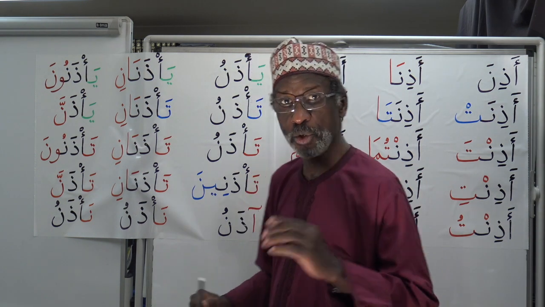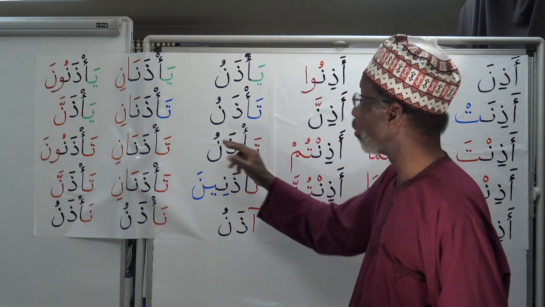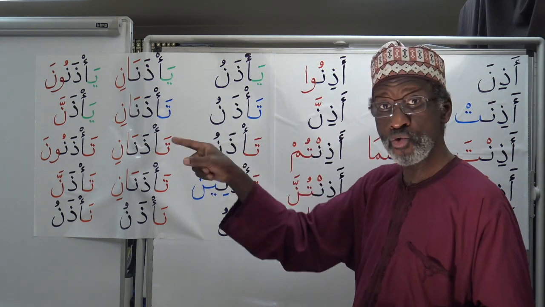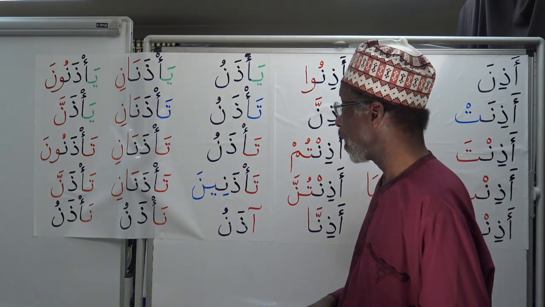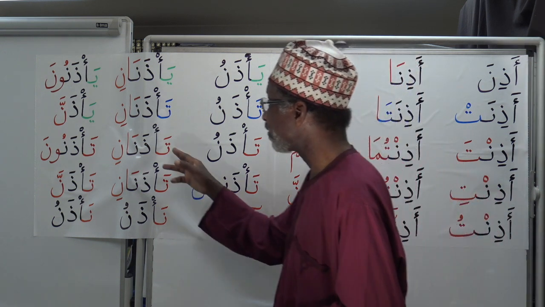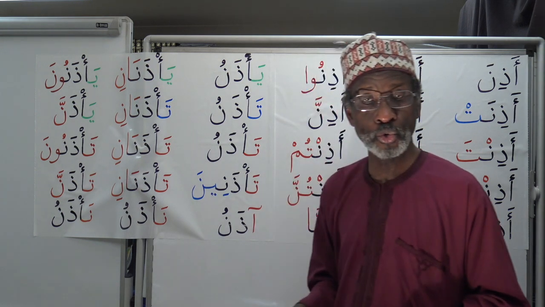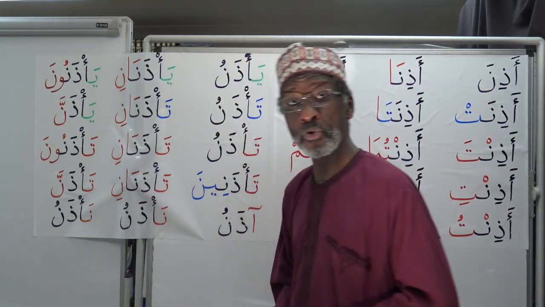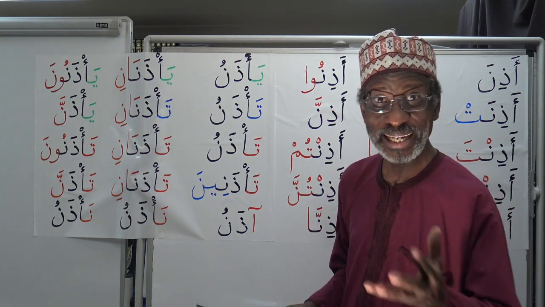And then you start your conjugation. So ta'dhanu instead of ya'dhanu, it's the same ending. Ta'dhanu, you male singular, allow. And ta'dhanani, you two masculine, allow. Ta'dhanuna, you three or more masculine, allow.